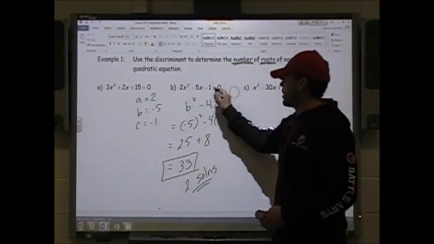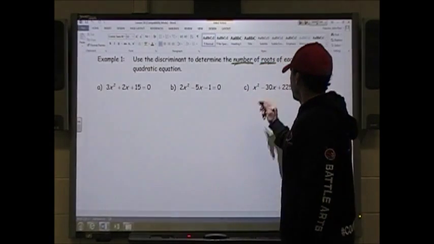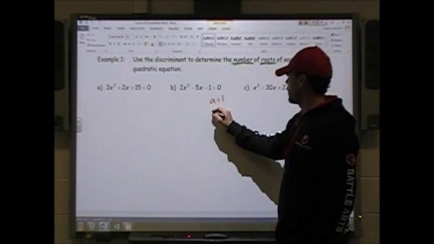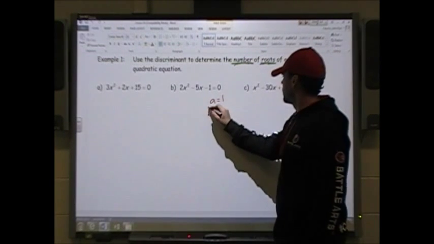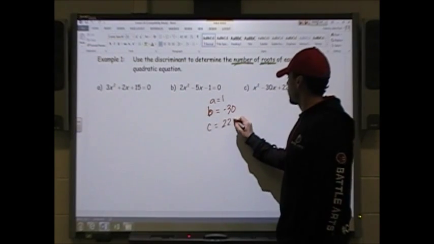And then the last one here, again, how many solutions? So I just look at the discriminant. The a value is 1, the b value is negative 30, and the c value is 225.